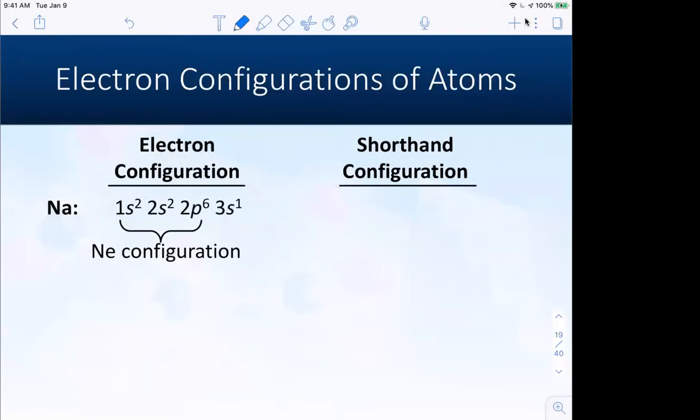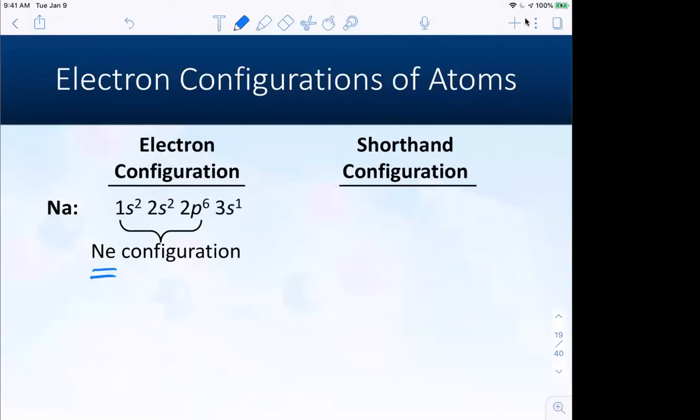We're going to use the shorthand configuration for any element that's probably higher than row 2 or 3. And what we're going to do is take the noble gas of the row before it, and that's going to end up being this shorthand configuration.